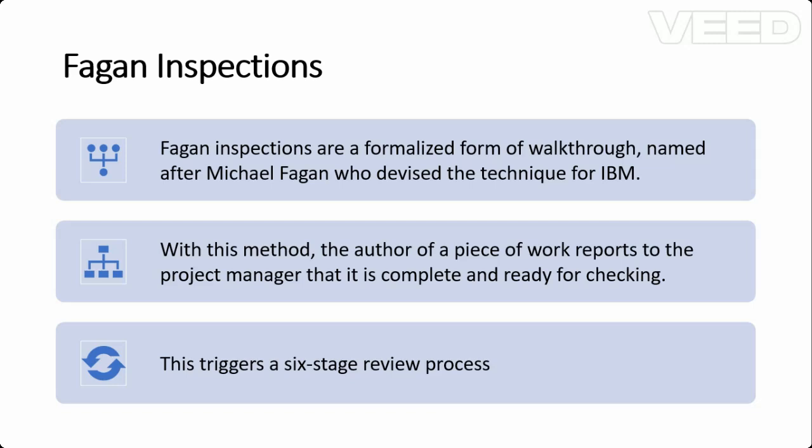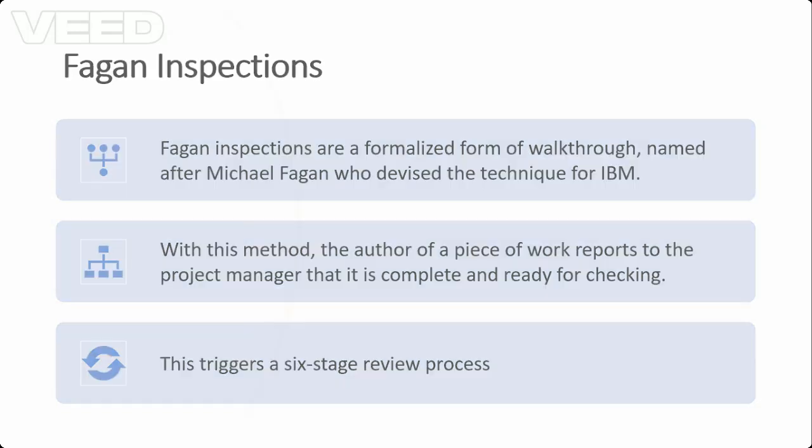We can see the author or the inventor of the Fagan inspection, which was devised for IBM, but now is used in multiple disciplines. So, once a particular author indicates to the project manager that they are through, they are ready for review, then the inspection is triggered. So this inspection has 6 distinct steps.